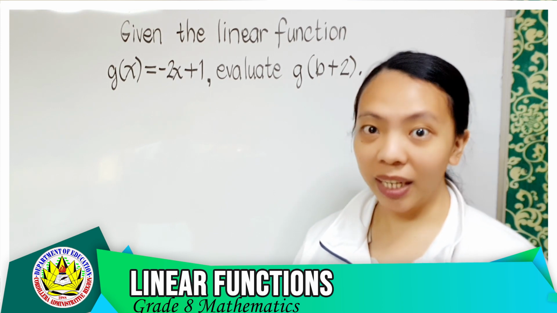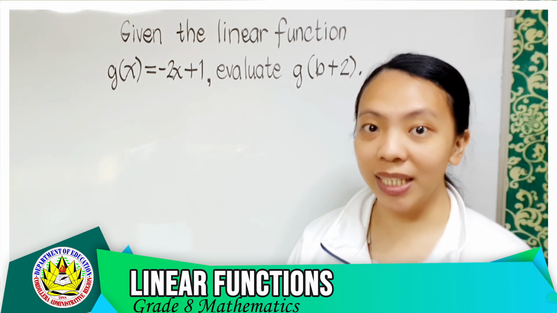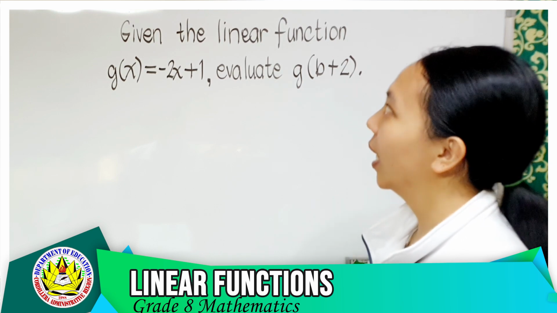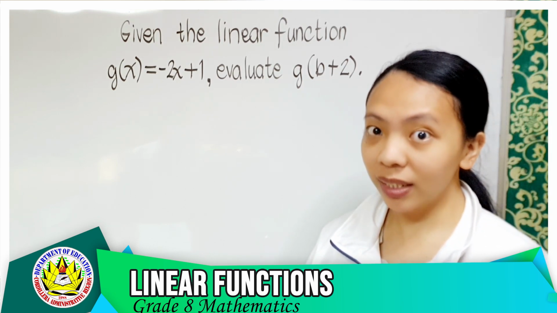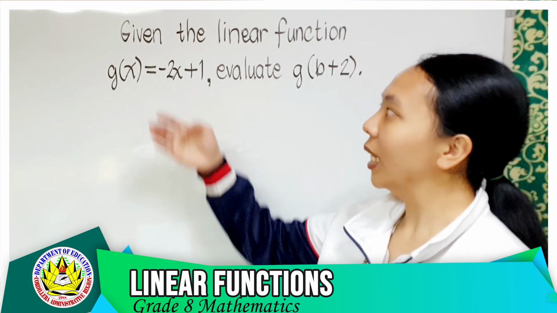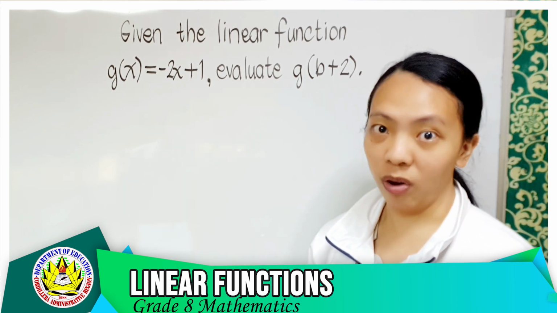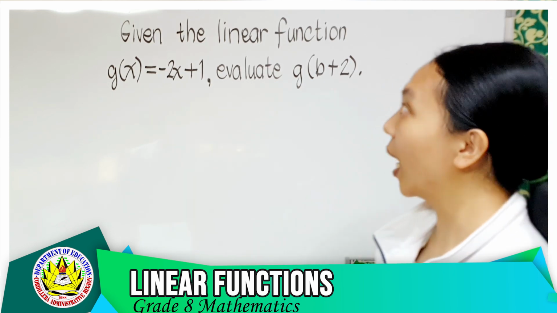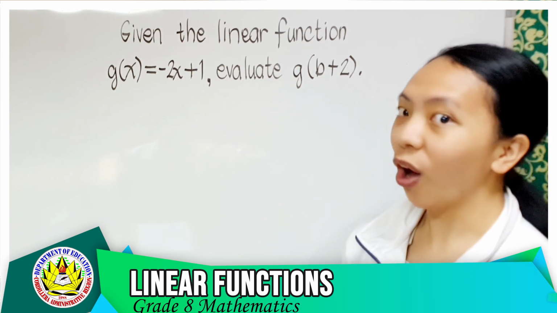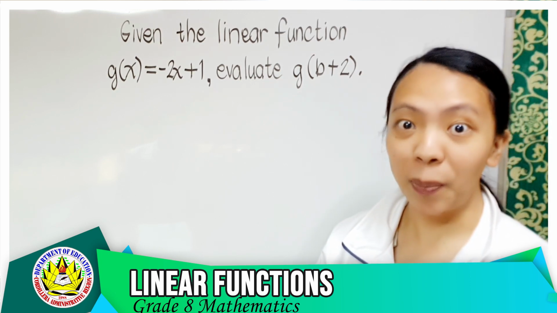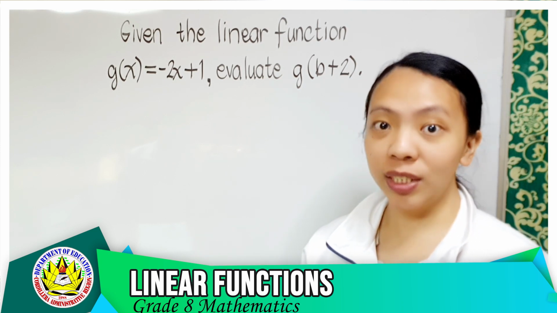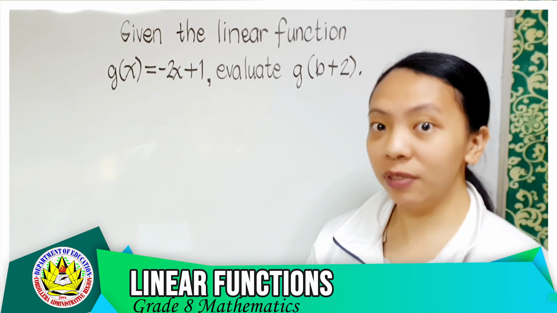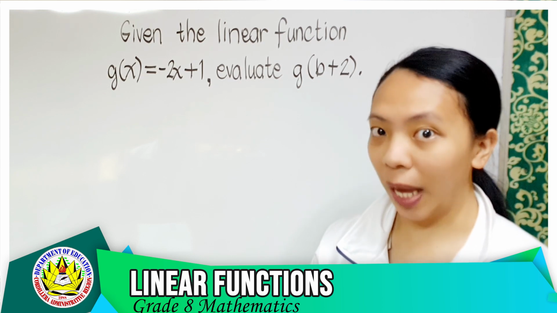Let's have our second example on evaluating linear functions. Given the linear function g of x is equal to negative 2x plus 1, evaluate g of b plus 2. We are going to do the same process that we have done in the first example.